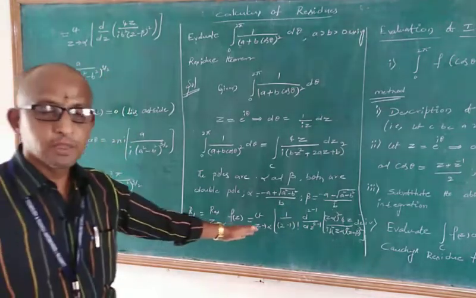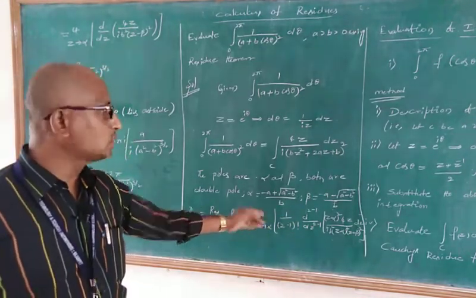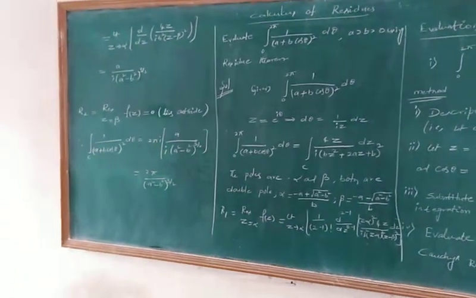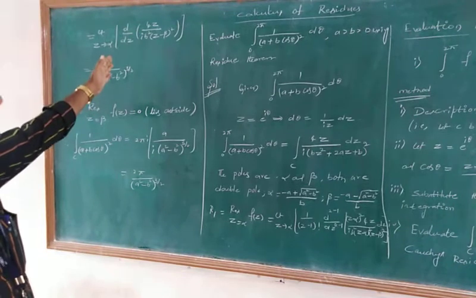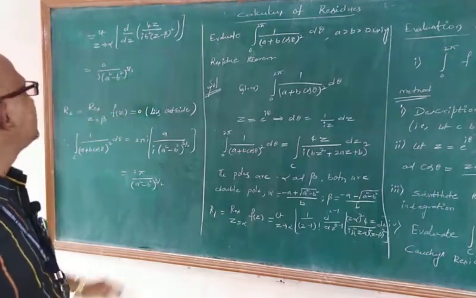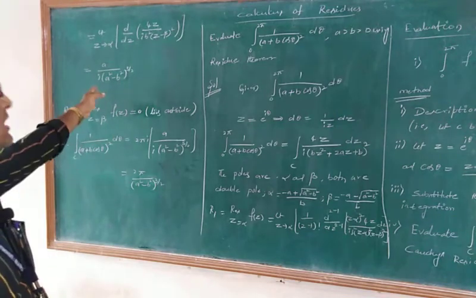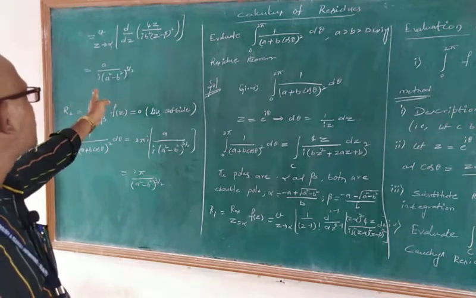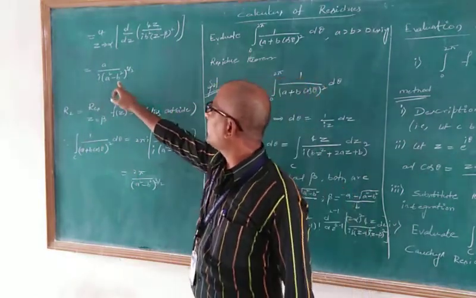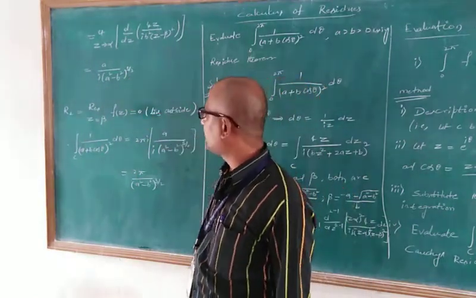This is the residue formula for a pole of order 2. That equals the limit as z tends to α of d/dz of 4z divided by ib²(z − β)², and that value equals a divided by i(a² − b²)^(3/2).